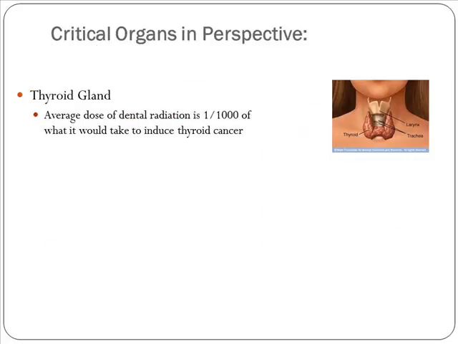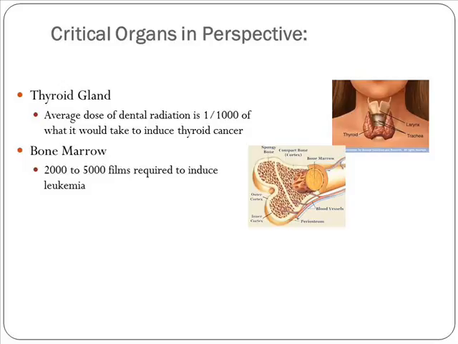Let's put these critical organs we just talked about into perspective. The thyroid gland is a sensitive tissue to dental x-rays. The average dose of dental radiation is 1/1000th of what it would take to induce thyroid cancer. The patient would have to have 1,000 dental x-rays in one sitting in order to induce thyroid cancer.